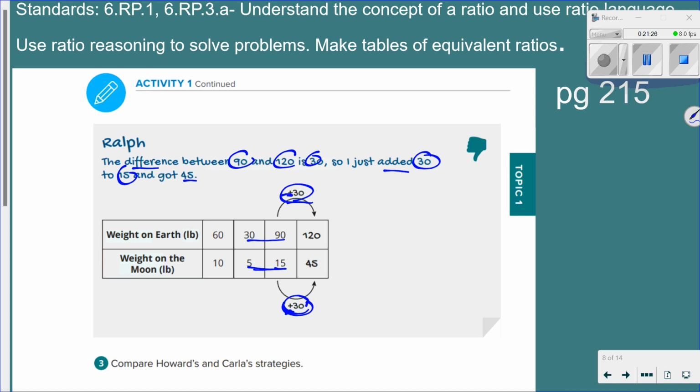Now, quick note. What if I wanted to get, and we're just going to use this as an example, I'm going to add another row, and I want you guys to get to 180. Who can tell me how to get there? What do you think, Wyatt? You can multiply 90 times 2, or you can add 30 to 120.